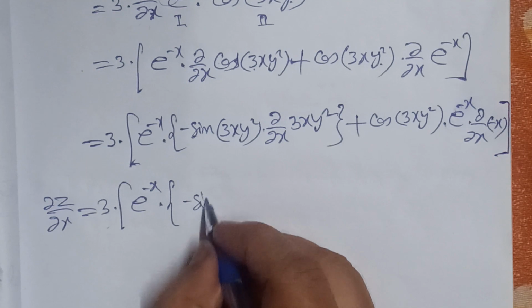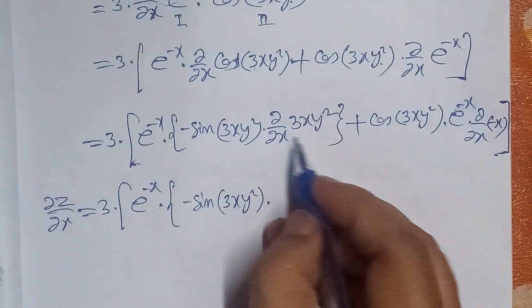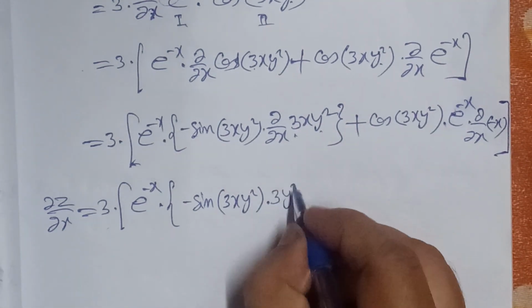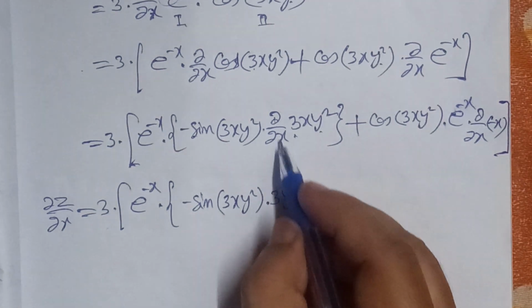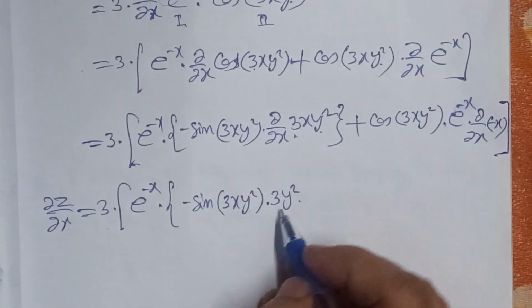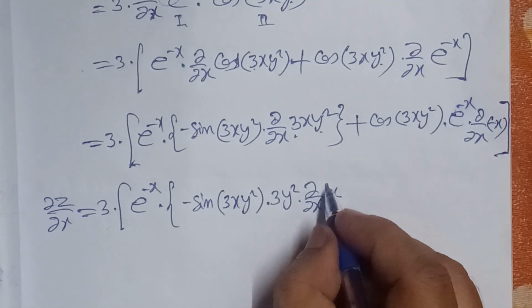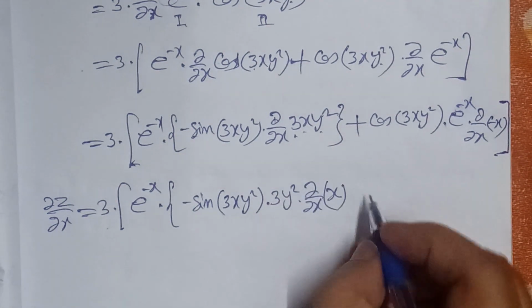minus sine of 3xy², and differentiate this function. We are seeing that 3y² is constant, because for partial differentiation y is constant with respect to x, so we take out y² from the differential coefficient. We only differentiate the remaining factor x.